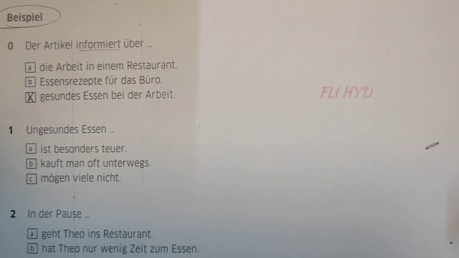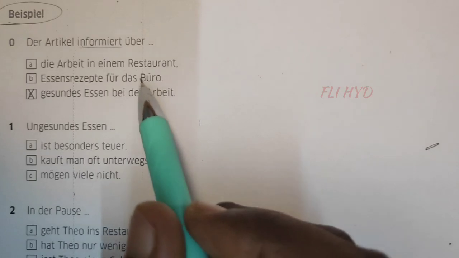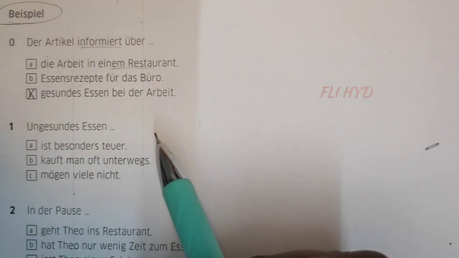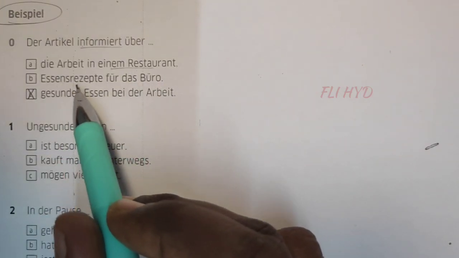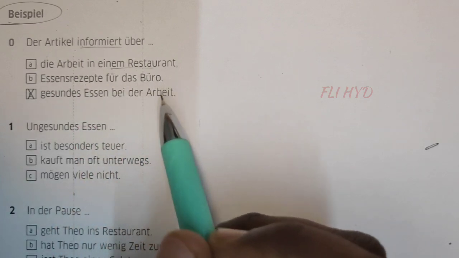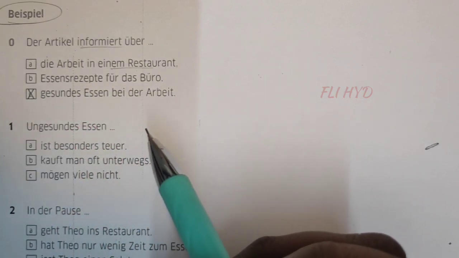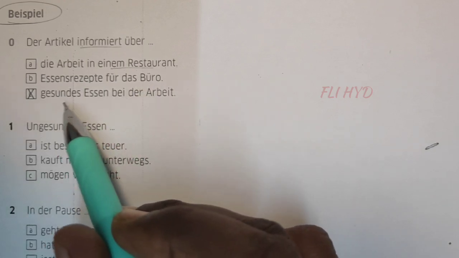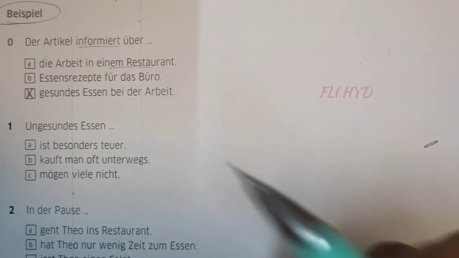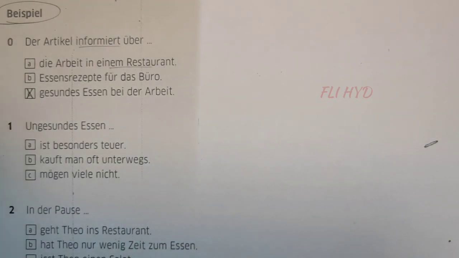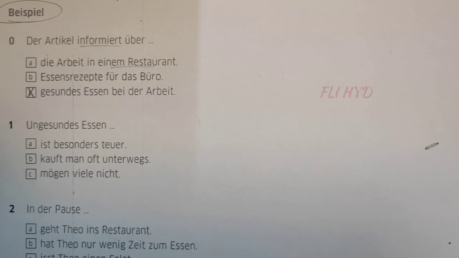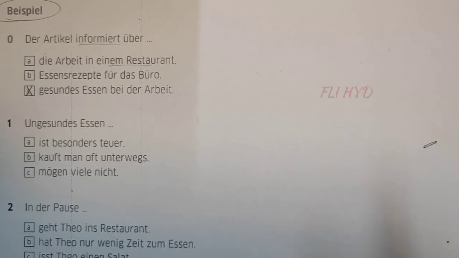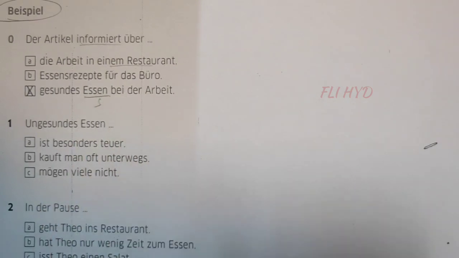What is this article informing about? Die Arbeit in einem Restaurant, so the work in a restaurant, or Essen, Rezepte für das Büro, food recipes for the office, bureau, office, or Gesundes Essen bei der Arbeit, healthy food at work, at the workplace, job place. Gesundes Essen, healthy food at work.